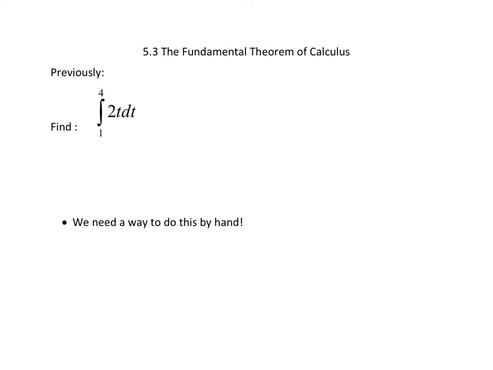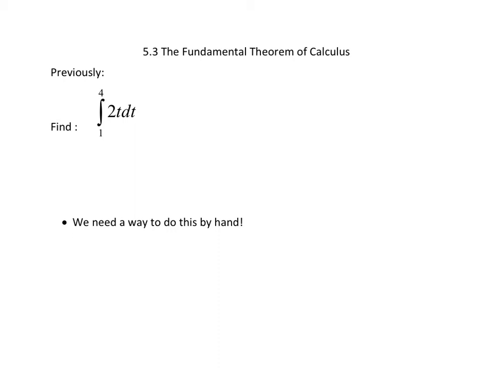So in this video, we're going to discuss an important theorem that allows us to actually calculate the value of a definite integral by hand. So previously, if we wanted to find this from 1 to 4, 2t dt, we talked about how you could use your graphing calculator. If you plug that in, you'd need to use x's instead of t's for the variable.